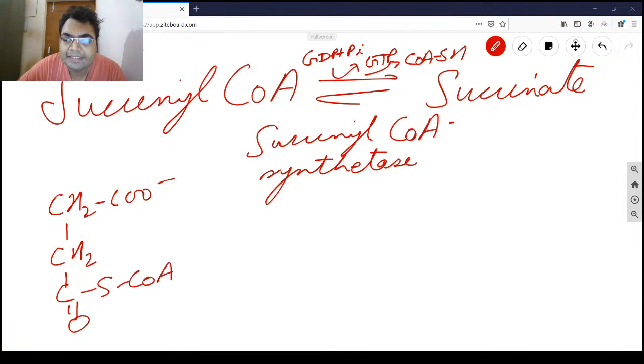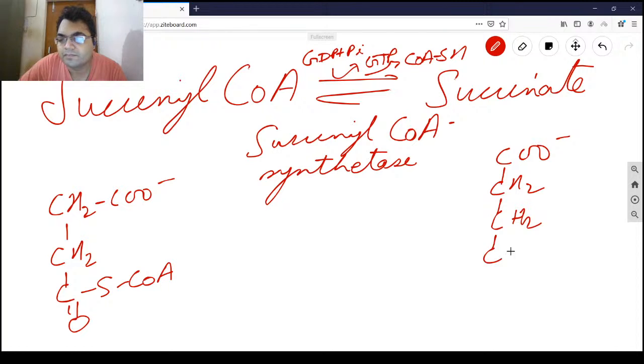And if you see succinate, it will be 1, 2, 3, 4 carbons. So this will be your succinate.